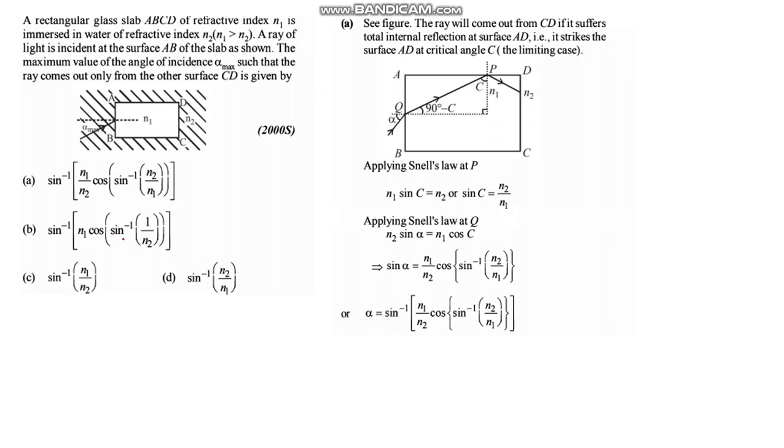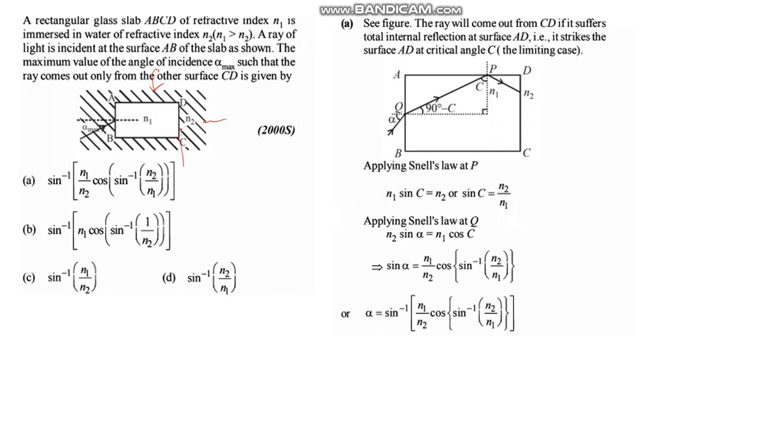So you can see here that this is some liquid of N2 refractive index, and some glass slab of N1 refractive index is put inside the water like this. Now there is an incident ray coming, and the incident ray should go like this.